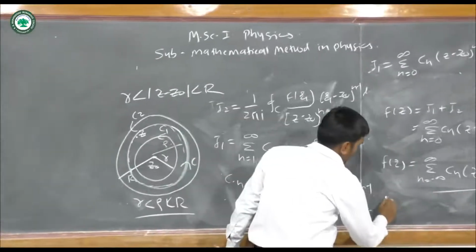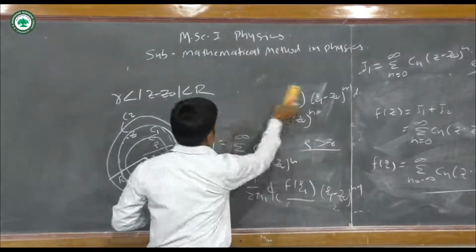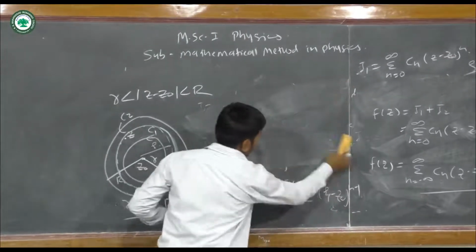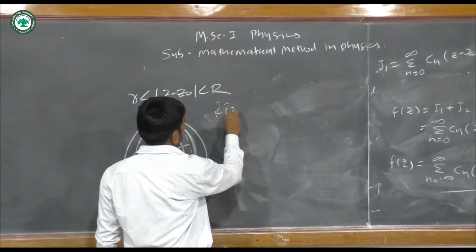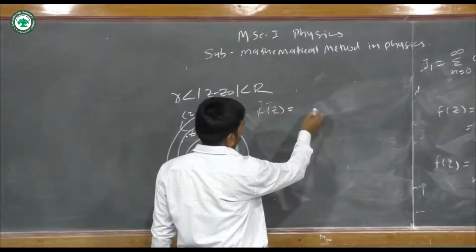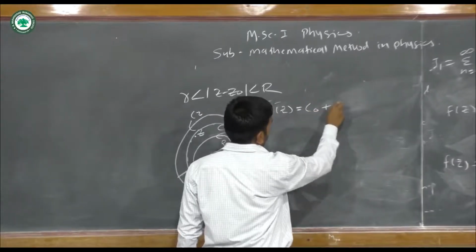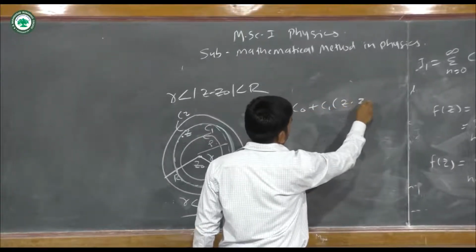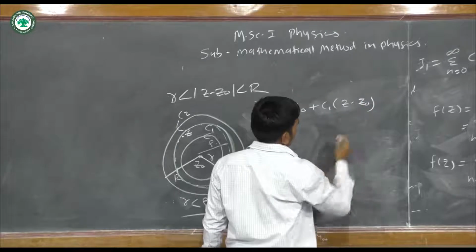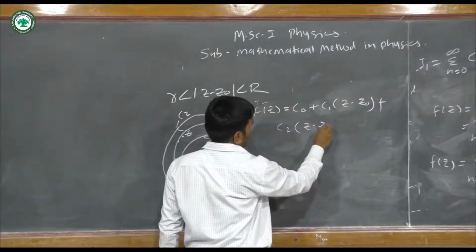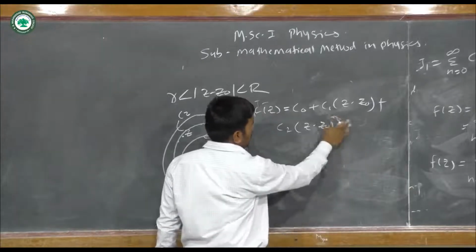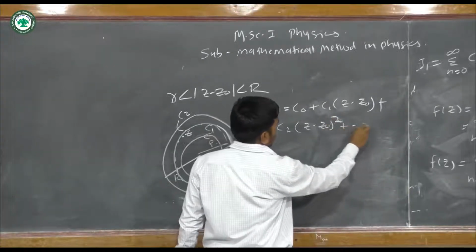We can also expand this series. If I expand, so we get f of z is equal to c naught plus c1 (z minus z naught) plus c2 (z minus z naught) squared plus so on.